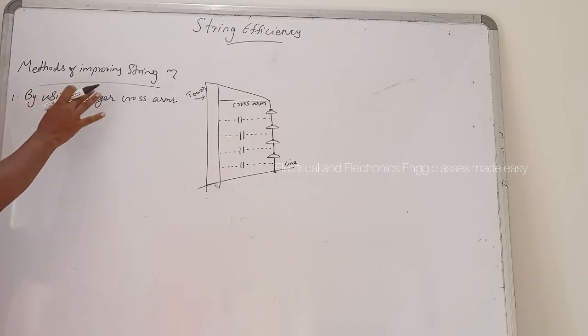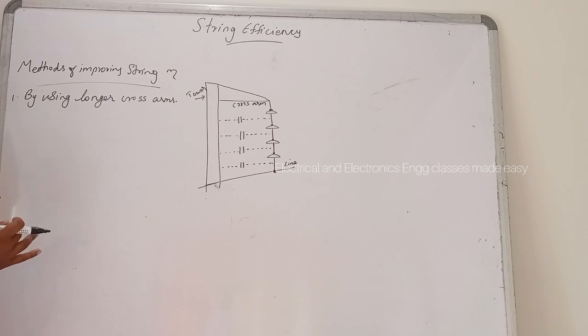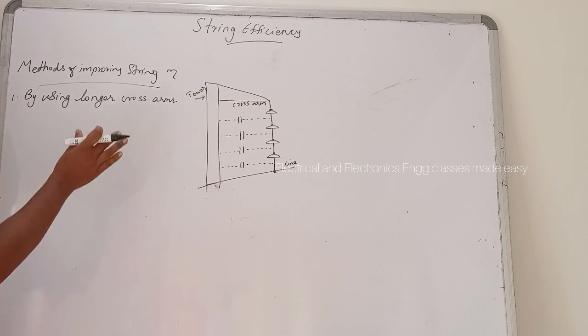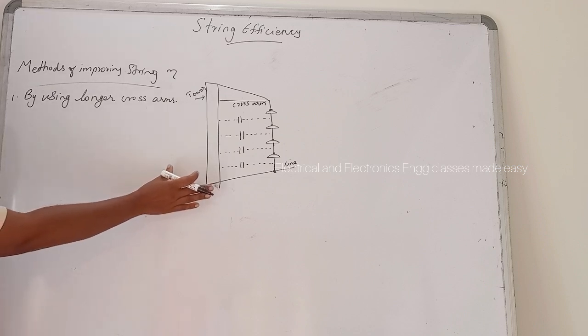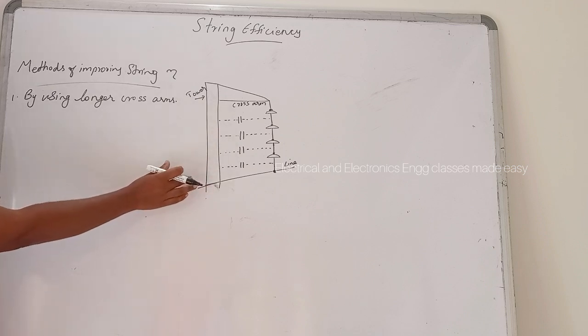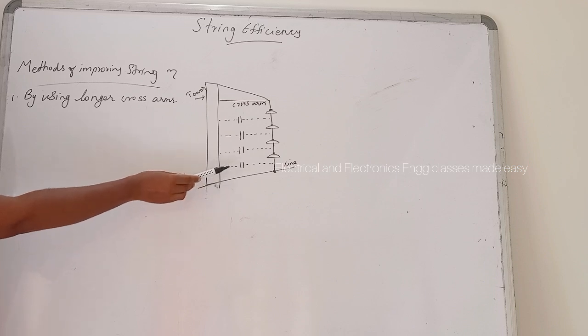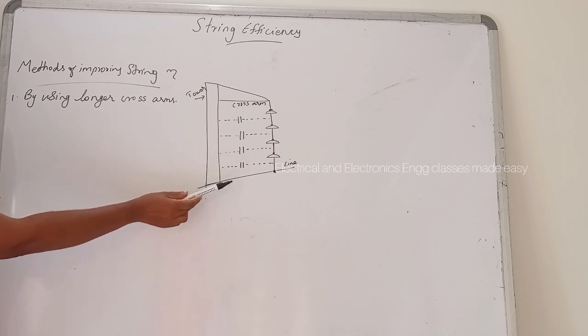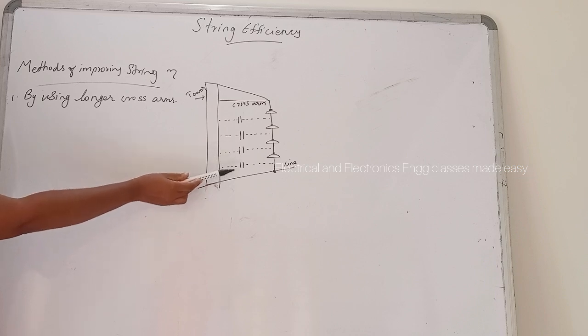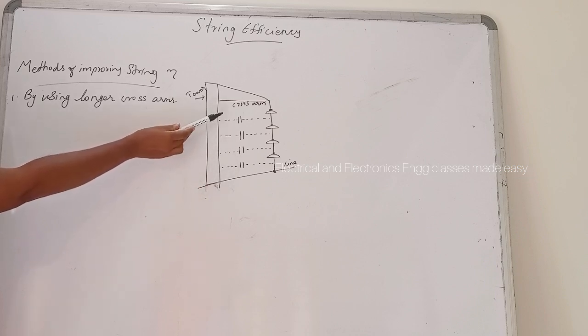Next is methods of improving string efficiency. It has been seen that the potential distribution in a string of suspension insulators is not uniform, and the maximum voltage appears across the insulator nearest to the line conductor, and it decreases progressively as the cross arm is approached.